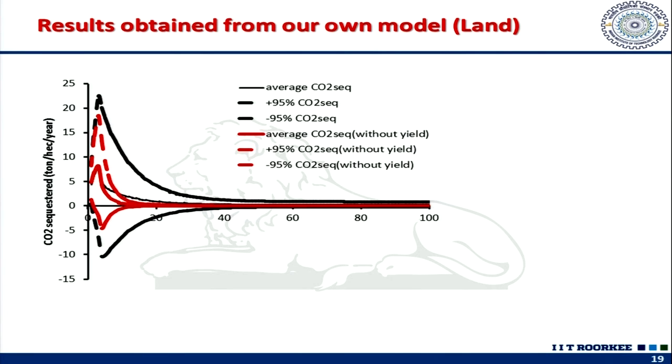That is close to the IPCC guideline, but our model is a very simple model. So now the question is which model I should rely on. These are some of the problems, and it may be different for another product.